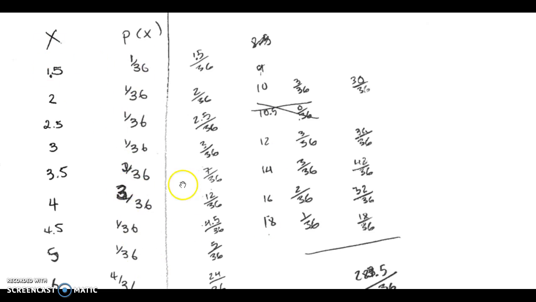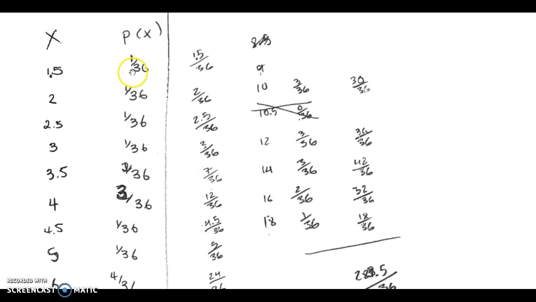So this is 2 separate columns. Once we had the values of the random variable, which is x, 1.5 all the way up to 18, and then the probabilities based on how often they came up in that table, we multiply x times p of x, and that's what this third column is.